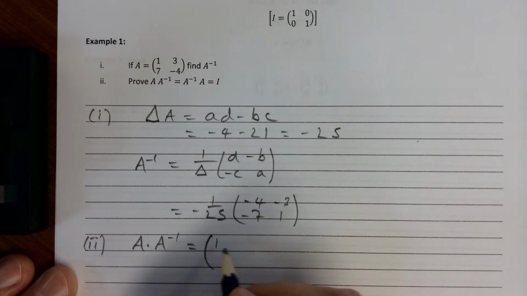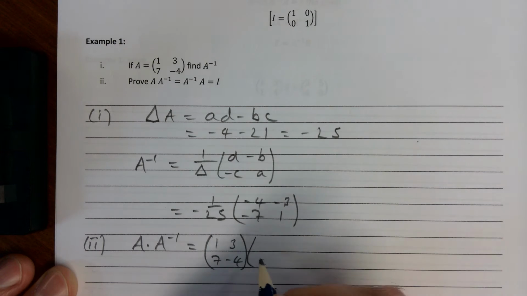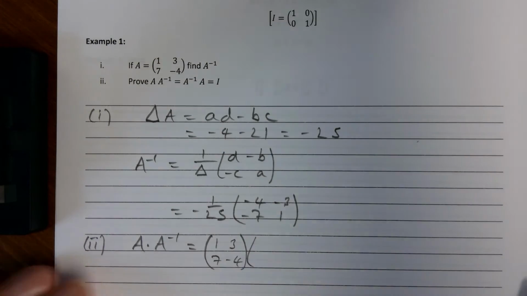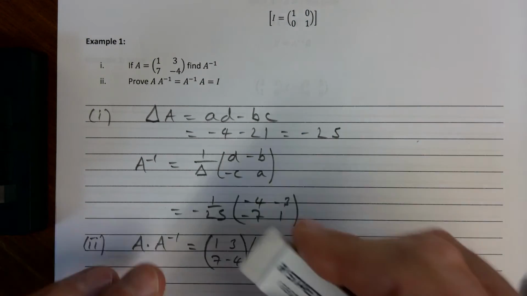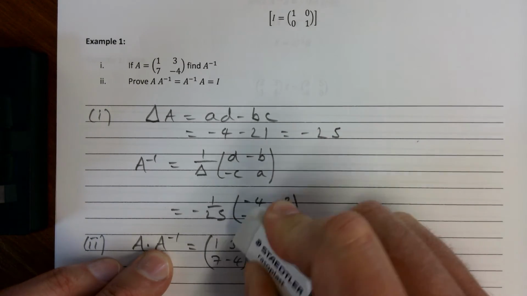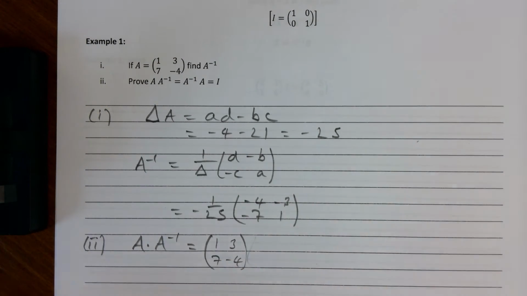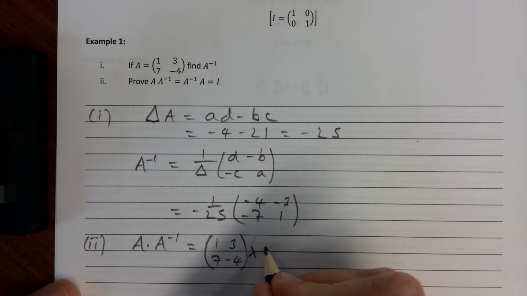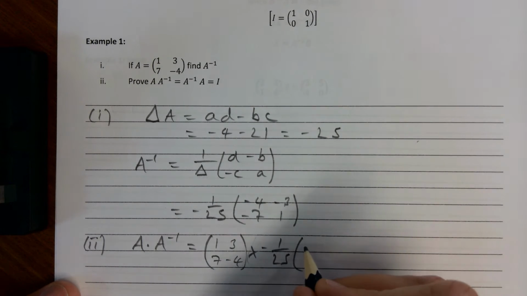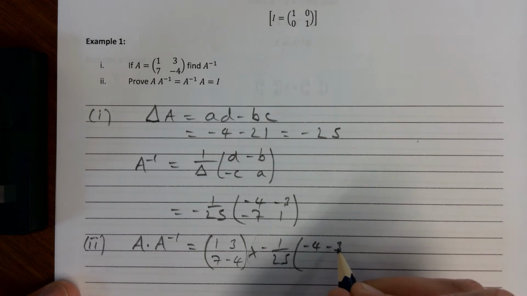So A is of course (1, 3, 7, minus 4), and we're multiplying that by minus 1 over 25 times (minus 4, minus 3, minus 7, 1).